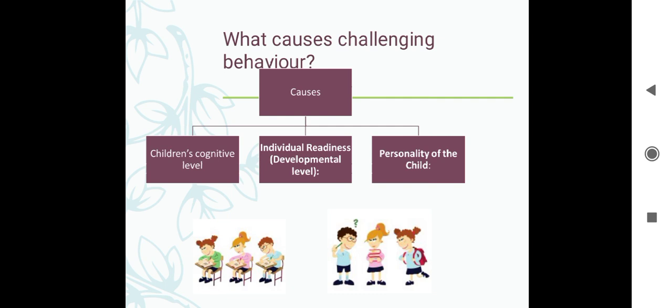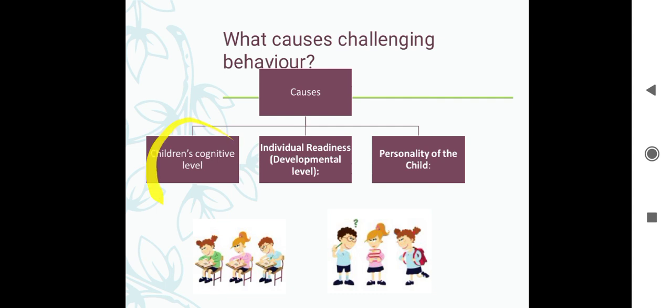So because of these three causes, the children's cognitive level, their developmental readiness, and their personality by nature, this is actually uncontrollable, meaning that you as a parent, as a teacher, as a brother cannot control all these three. That makes it challenging.